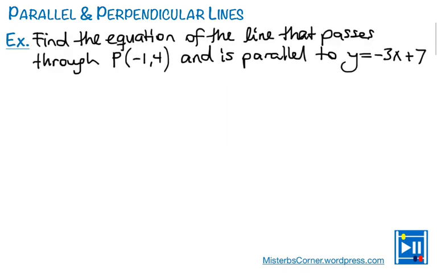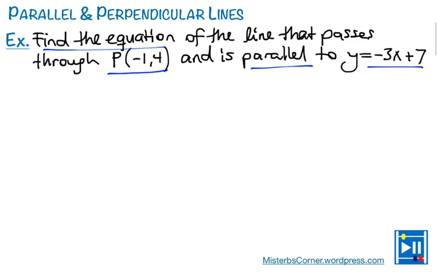Now in this example, we are asked to find the equation of the line that passes through the point P and parallel to the given line, right? Now, we need to write down the gradient and the y-intercept of the line so that we can find the equation of it.